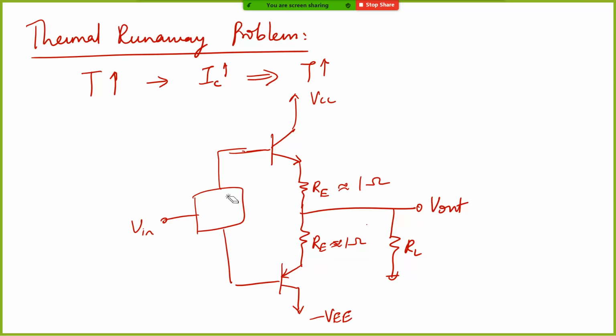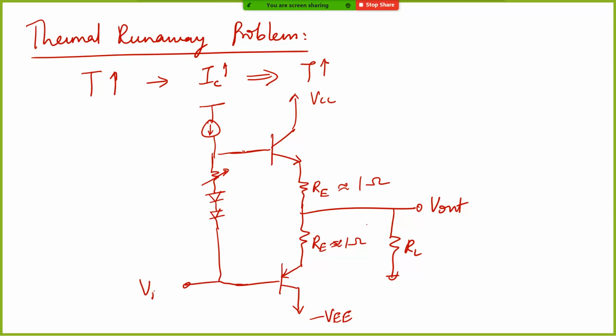Okay, a very easy way to do it is to put a current source, and then maybe put a tunable resistor, and put a V in here. Now this tunable resistor can be adjusted to make sure that these RE drops are taken into account.